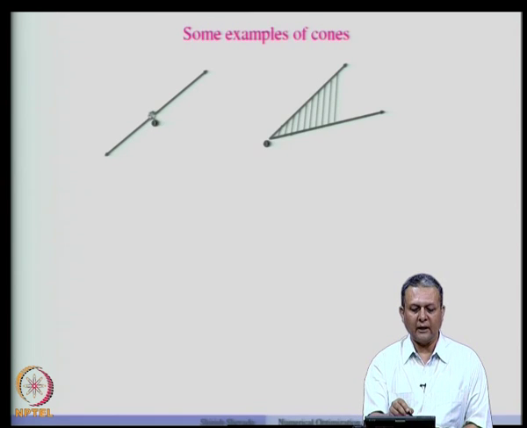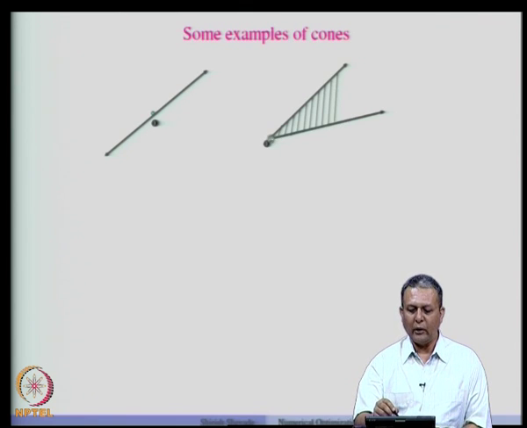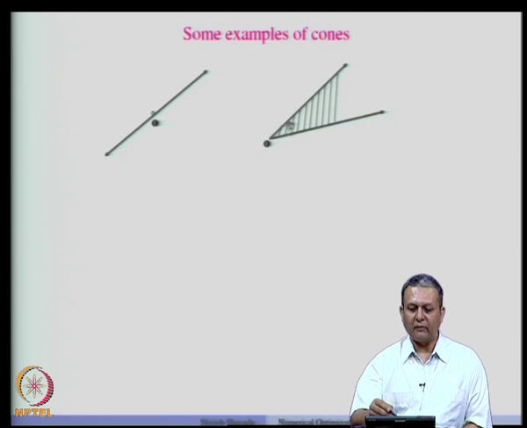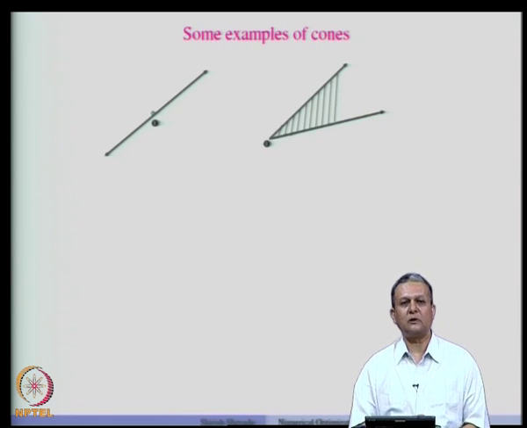On the other hand, if I take a vector in this direction and take a non-negative multiple of that, it will lie along the ray. So, this is a cone. Similarly, this is a cone. If we take any point on these arms of this cone as well as in the shaded region and take a non-negative multiple of that vector, that always lies in this set. So, these are some examples of cones.